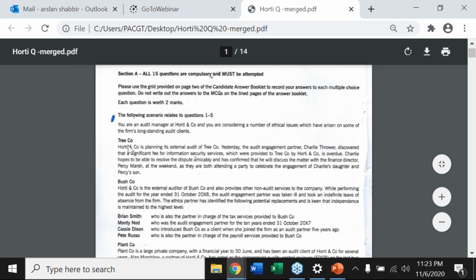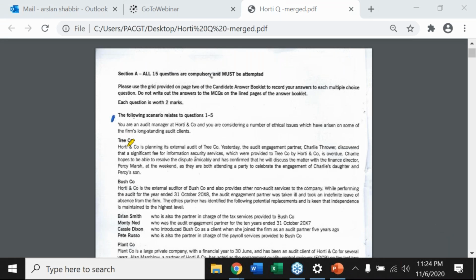You are an audit manager of 40 and company, and you are considering the number of ethical issues which have arisen on some of the firm's long outstanding audits. 40 and company is planning its external audit of Tree company. The audit client is Tree. You need to remember the name of the audit firm and the name of the audit client.